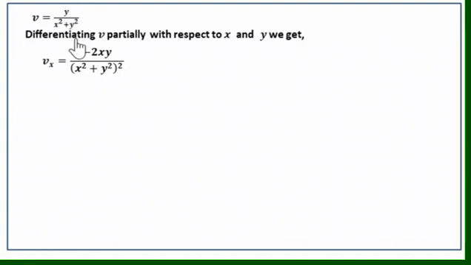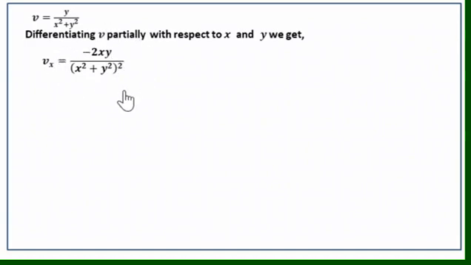So the first term is 0, minus the second term: the numerator y times the derivative of the denominator with respect to x, that is 2x. So y times 2x, so it is -2xy. So this is vx.